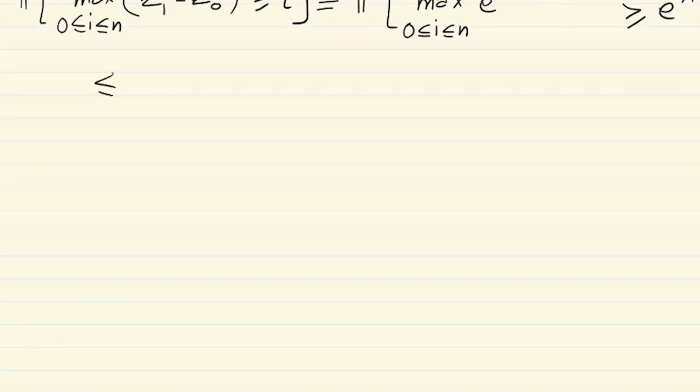And by Doob's inequality, you get the bound: you can just substitute the expected value of the last element and divide by e raised to lambda t.